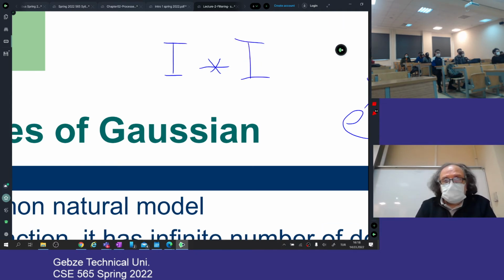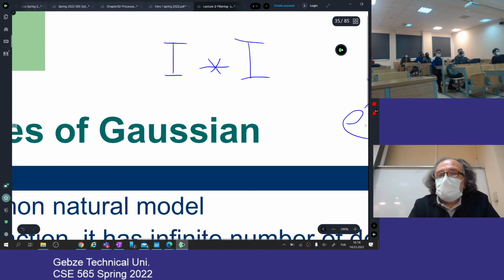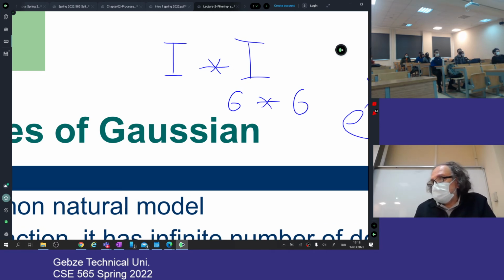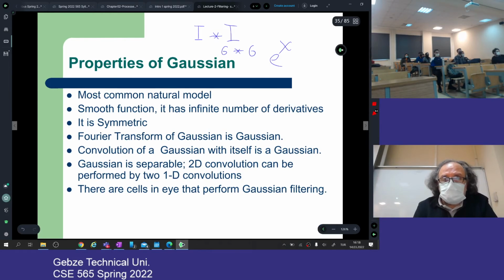It can happen. An image is a two-dimensional matrix, and a kernel is a two-dimensional matrix, so I can do that. If I take the convolution of a Gaussian with the same Gaussian, the result is another Gaussian. These are very nice features of Gaussian.